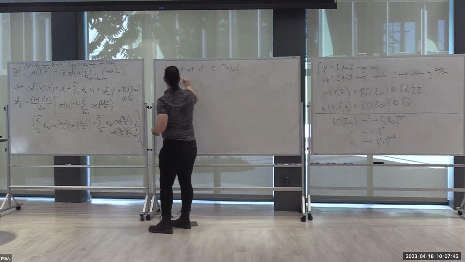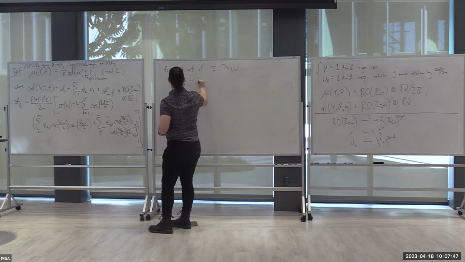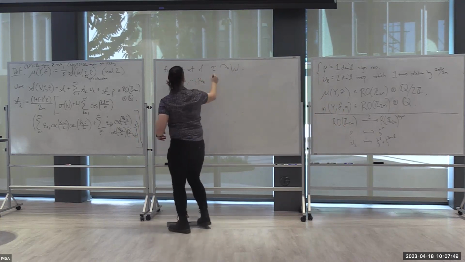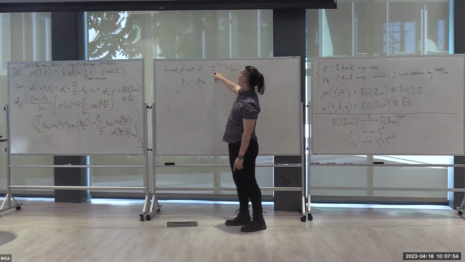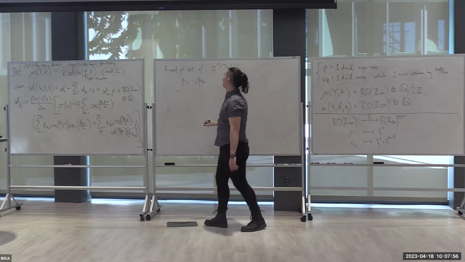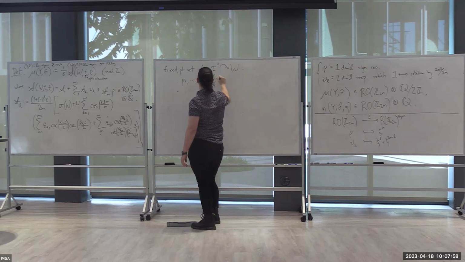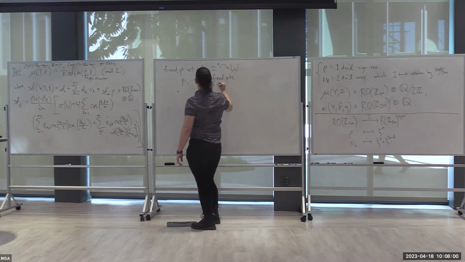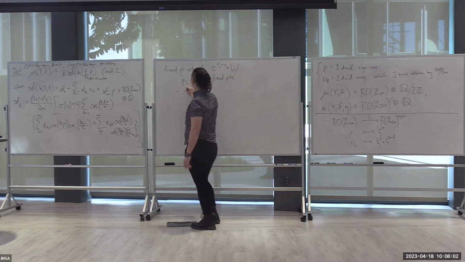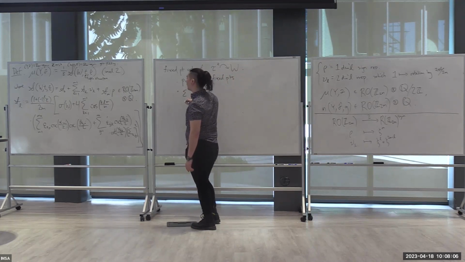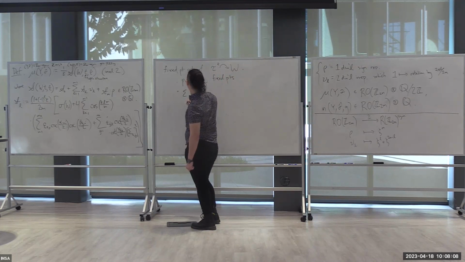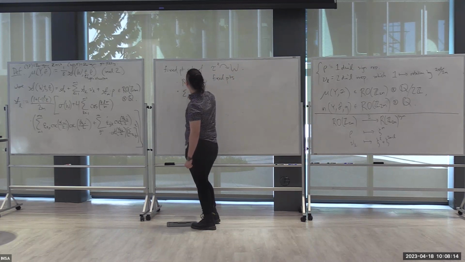So let's say P1 through P sub K. Fix an integer K, look at the action of tau to the K on W. We have some fixed points of this action, and then some fixed surfaces of this action.